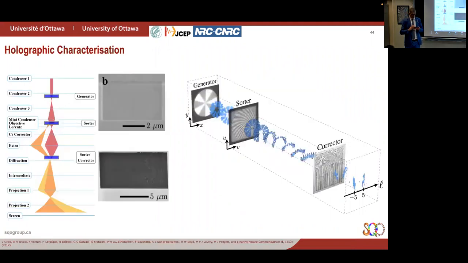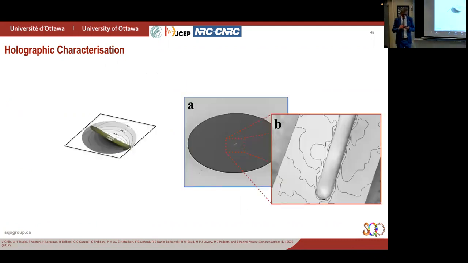And then you can also create a sorter, with which you can extract the information after the interaction with the sample. Essentially, you have a sample about which you have absolutely no idea what's going on, but after the mode sorter, you will understand the magnetic properties of the material by doing the proper post selections.